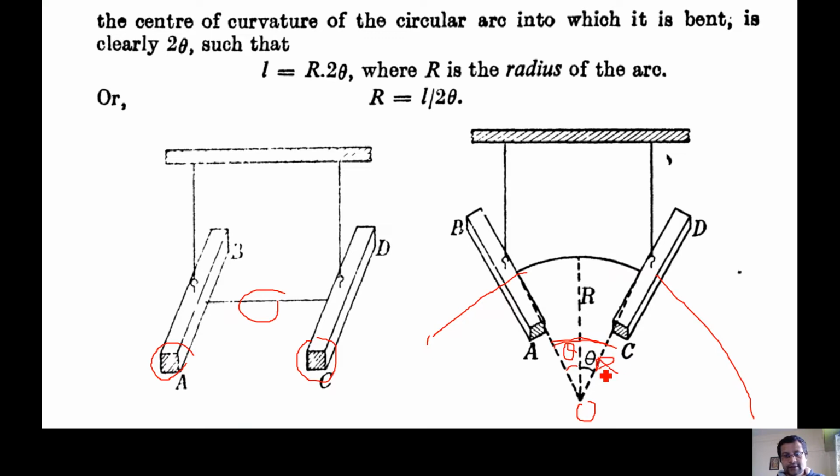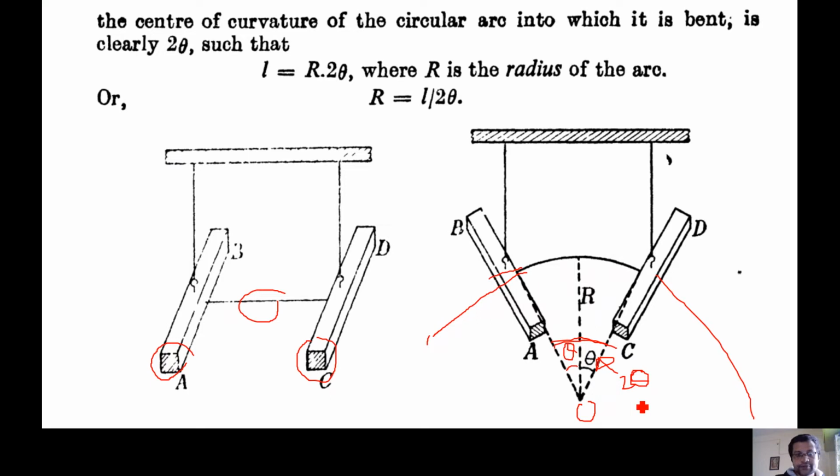So these two bars give the angle subtended at the center of this arc of radius r, and the angle subtended by the two bars at its center is twice theta.